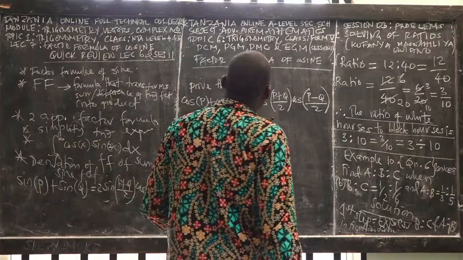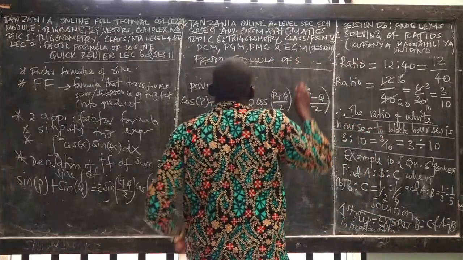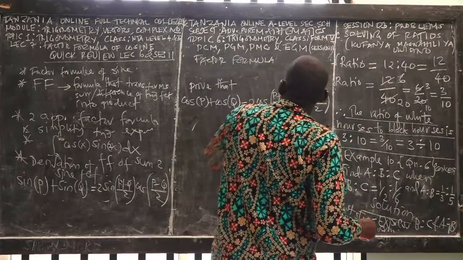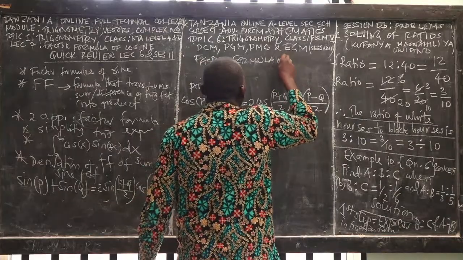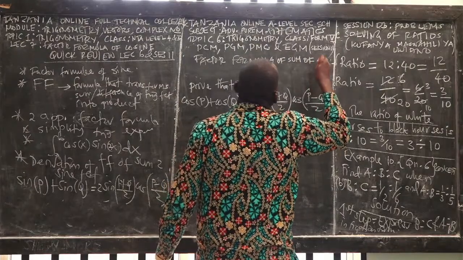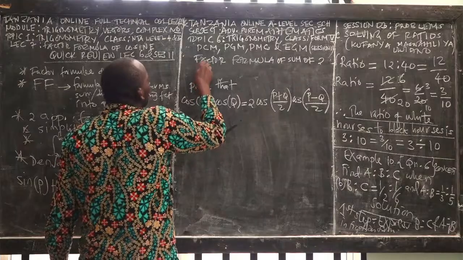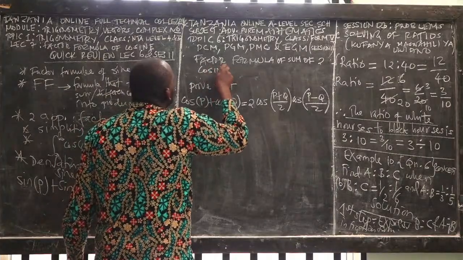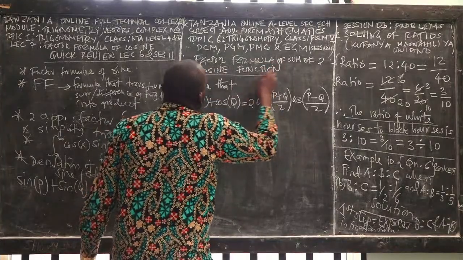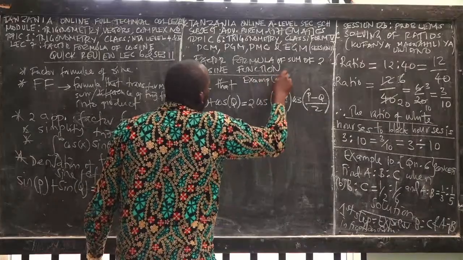So let me correct: factor formula of sum of 2 cosine functions. This is example 16.